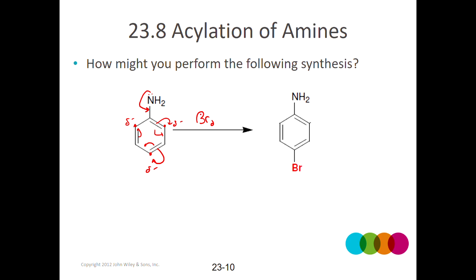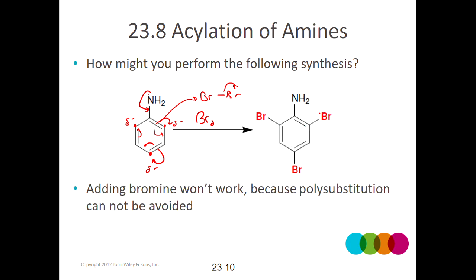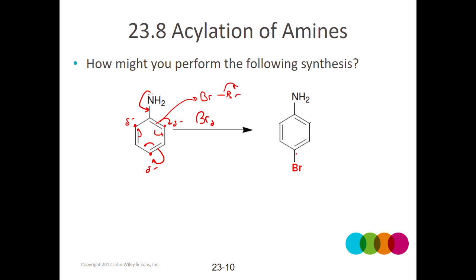Those carbons are pretty nucleophilic, so they can attack a Br2 and kick out a bromine, and then upon rearomatization, you would end up with a bromine at every one of those ortho and para positions. So that's a problem. So if you wanted to do this reaction, it won't work.